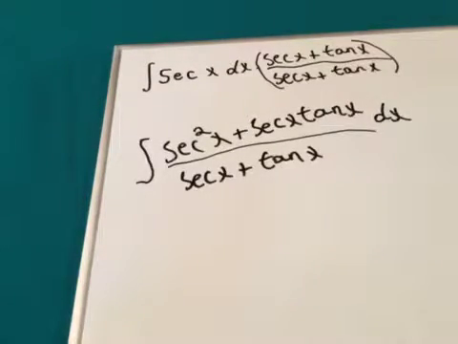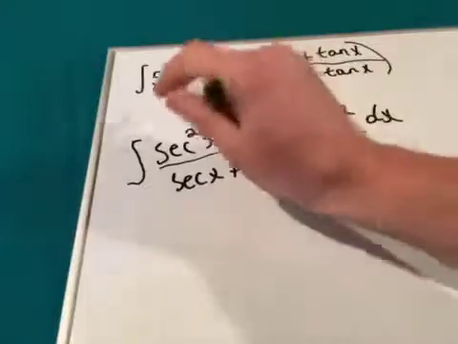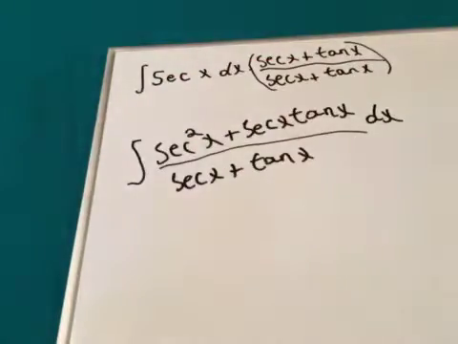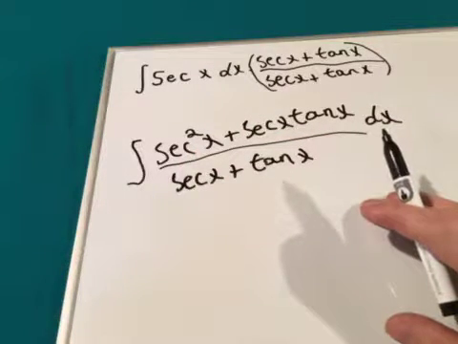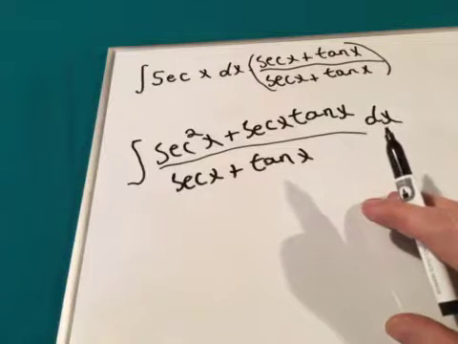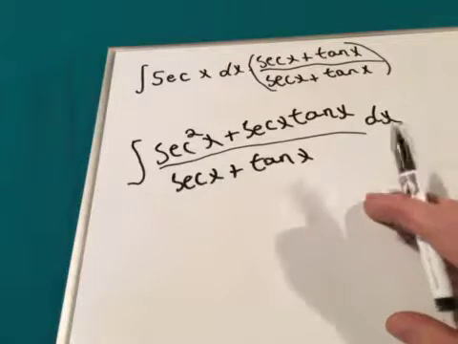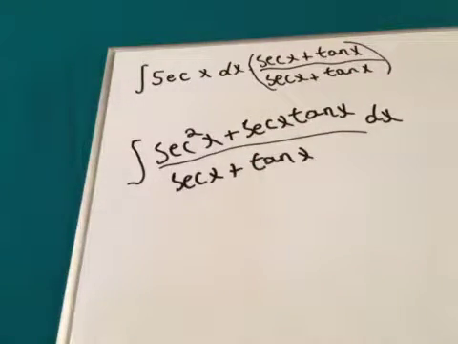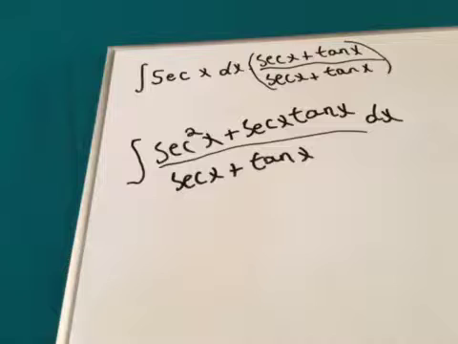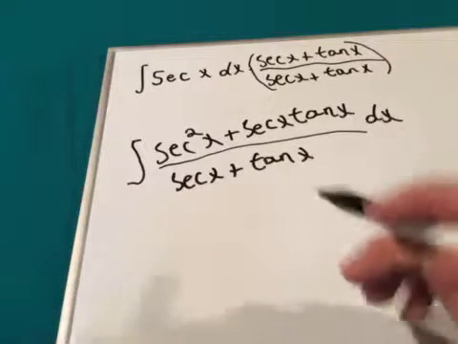Okay, so we started out with the integral of secant x dx. And I'm claiming that this crazy integral, secant squared x plus secant x tangent x all over secant x plus tangent x, is somehow simpler than just the integral of secant. Well, how can that be? Well, can we make some kind of substitution?